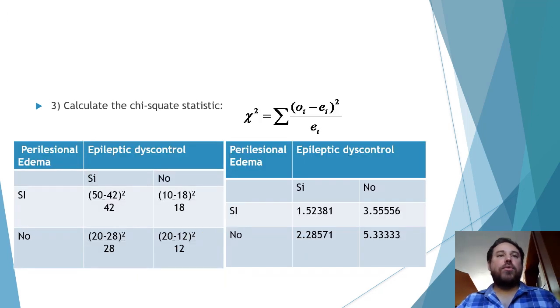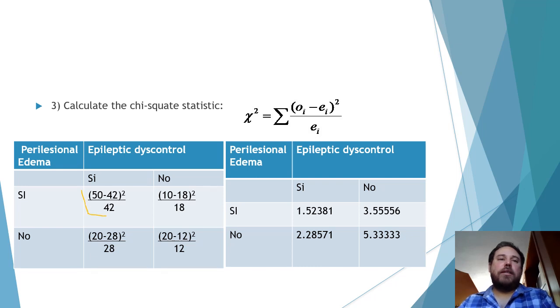How to calculate this? We're going to calculate the chi-square statistic. This is very easy. We are going to sum up the result of each cell, where we subtract the expected frequency from the observed frequency, square the difference, and divide by the expected frequency.